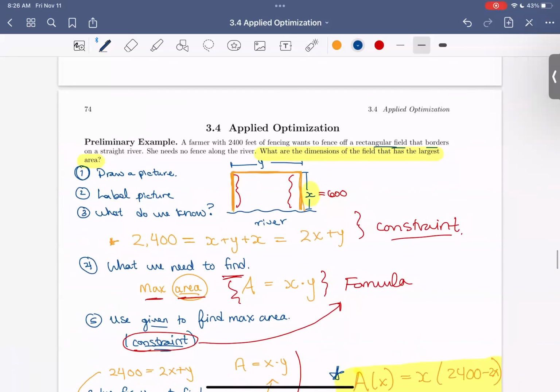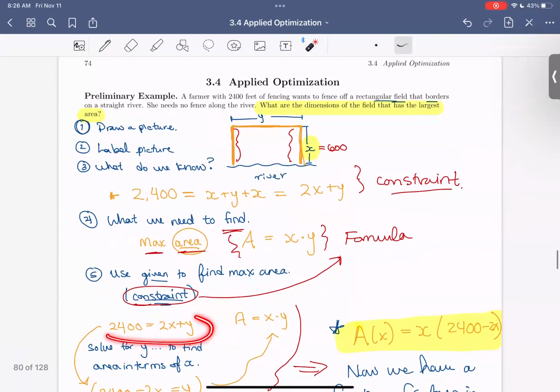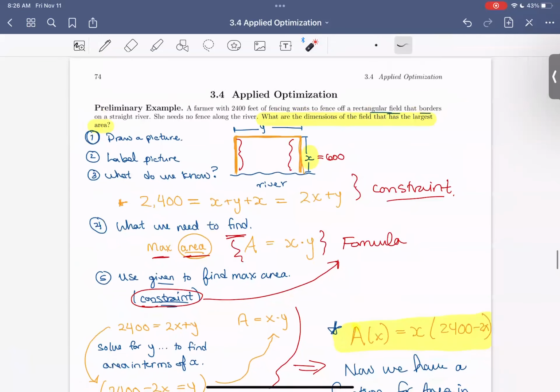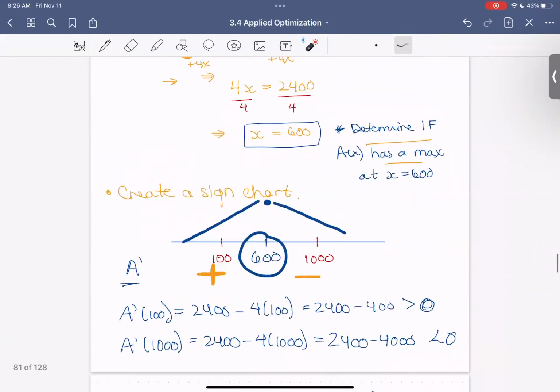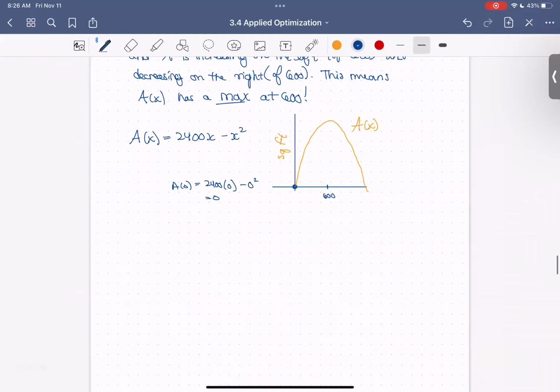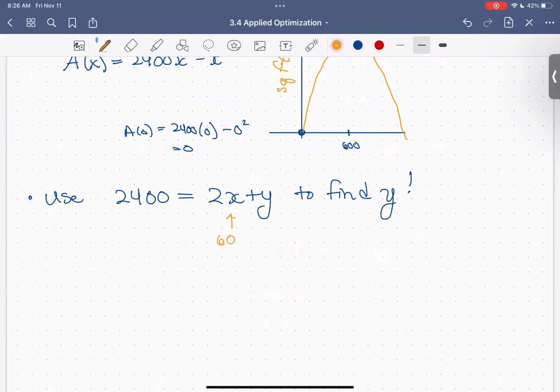Well, we have a constraint that gives a relationship between X and Y. That's written here as well. So we can use that constraint to find Y. I'm going to say use the constraint 2400 equals 2x plus y to find y. So we know that x is 600.